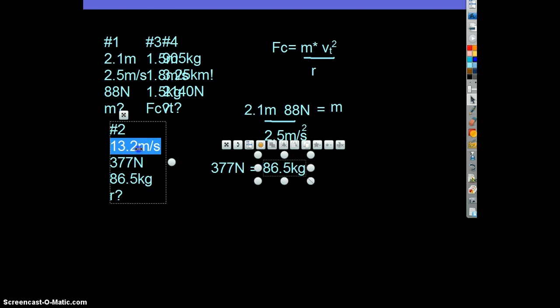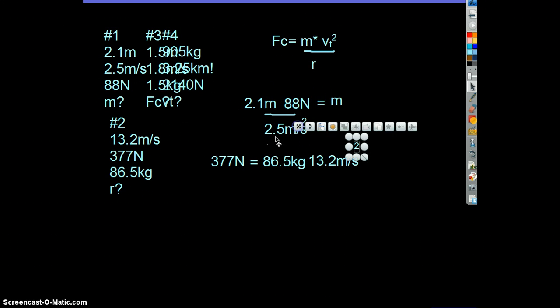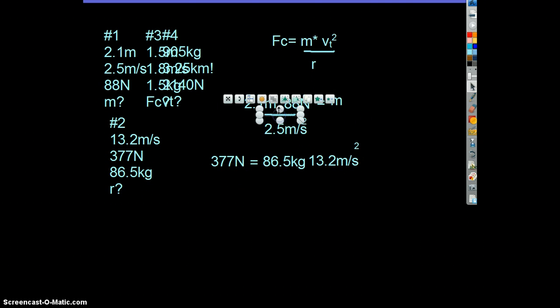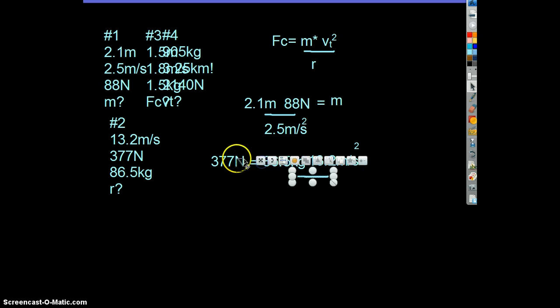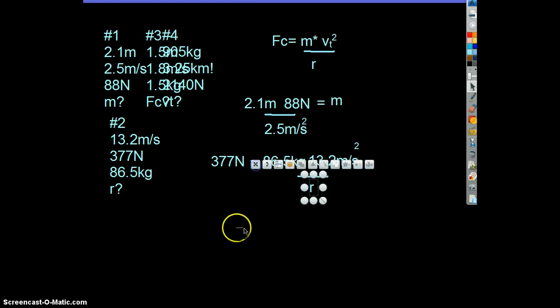And we got a tangential velocity, which of course is getting squared, and we are again having a division sign in here, divided by our radius. So there's your setup.